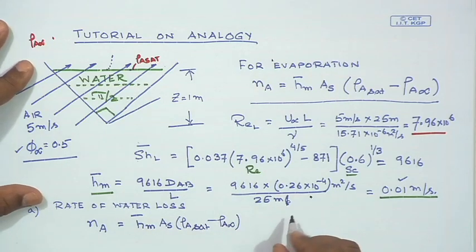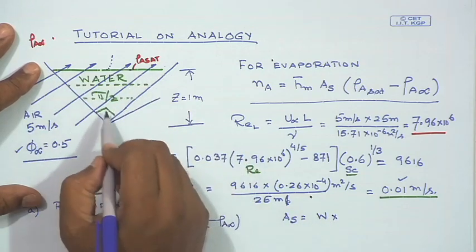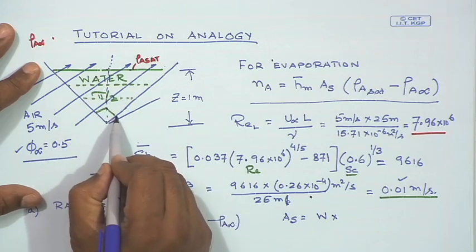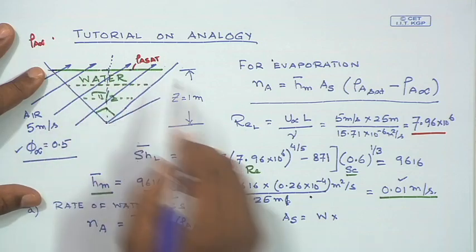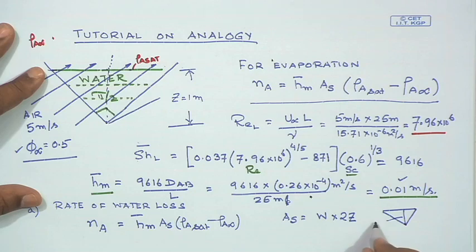The only thing I realize here is that my A_s would simply equal the length multiplied by the width. If this is z, and since this angle is 90 degrees, the top of the water layer must be equal to 2 times z, because what you have here is something like this: this is z, this is 45 degrees, the entire thing is 90 degrees.